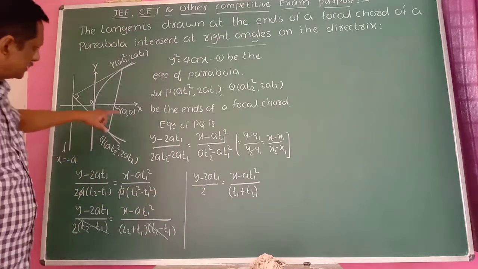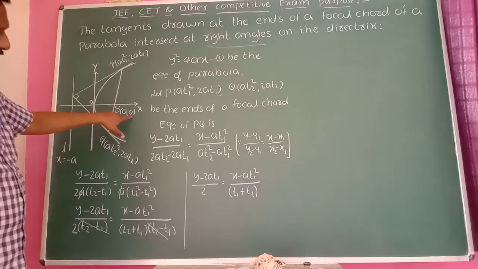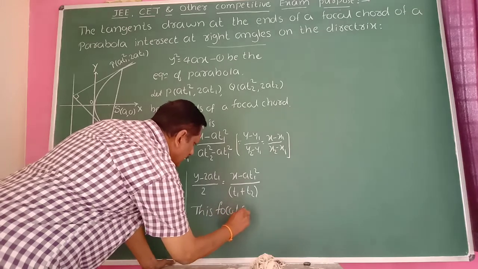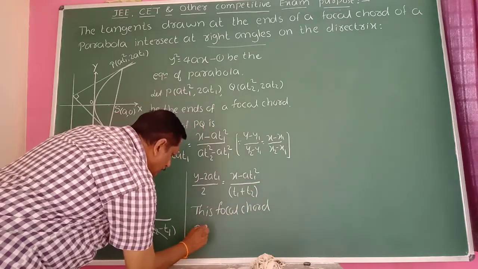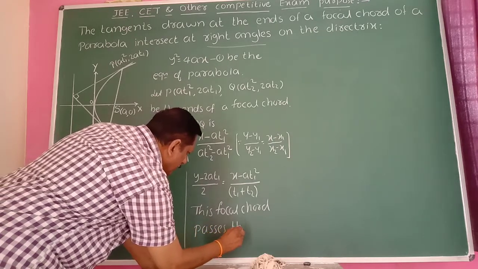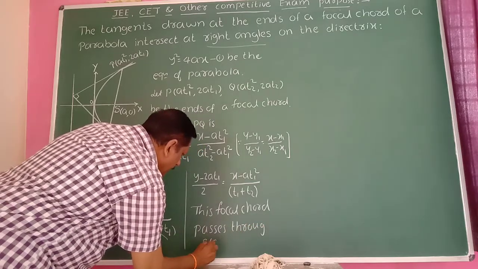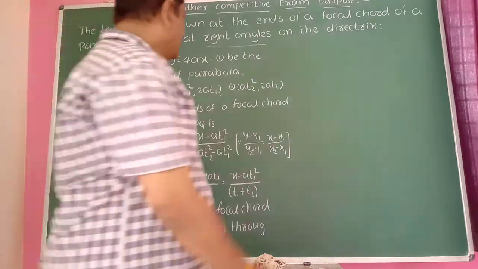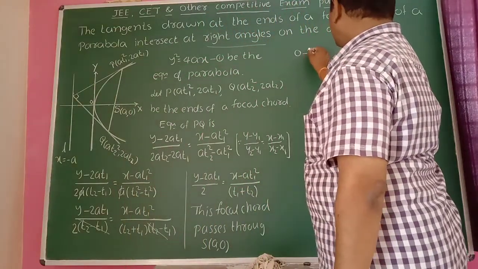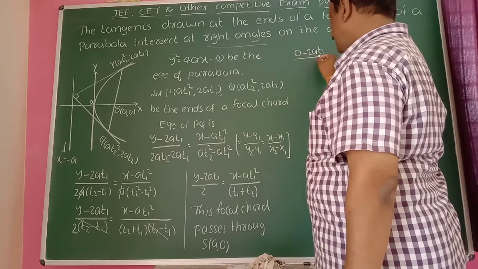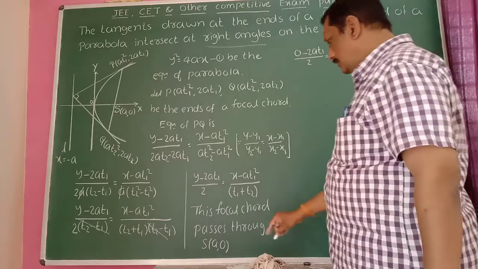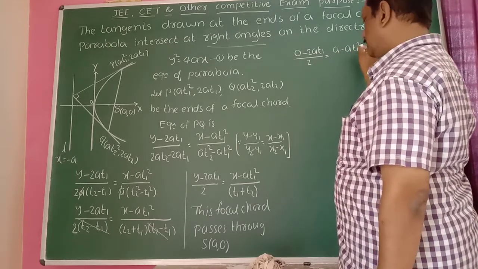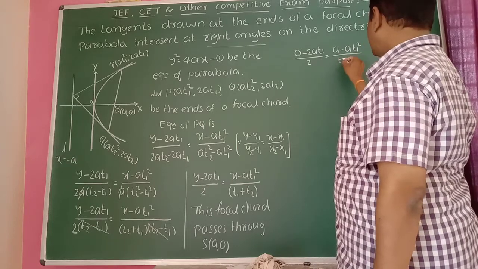Next, this focal chord passes through the focus (a, 0). So put x equal to a and y equal to 0. So 0 minus 2at1 divided by 2 is equal to a minus at1² divided by t1 plus t2.